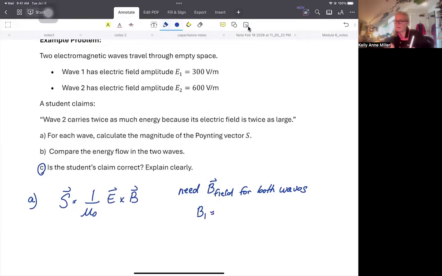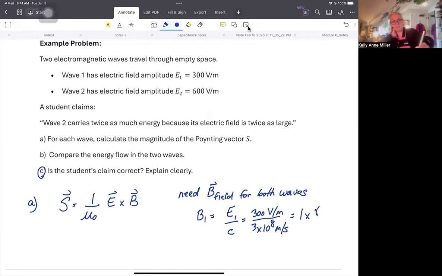So the first magnetic field, remember, I can just take the electric field and divide it by the speed of light. So the first electric field is 300 volts per meter. I divide that by 3 times 10 to the power of 8 meters per second, and I'm going to get 1 times 10 to the power of -6 Tesla.